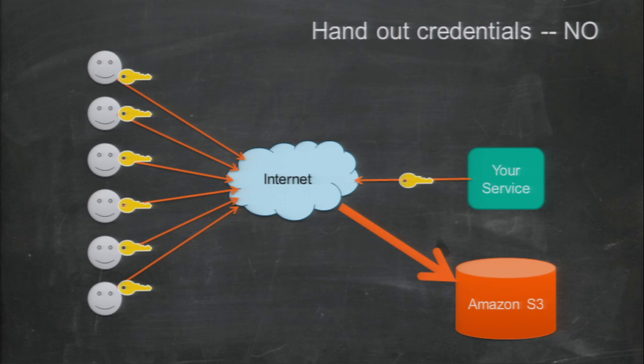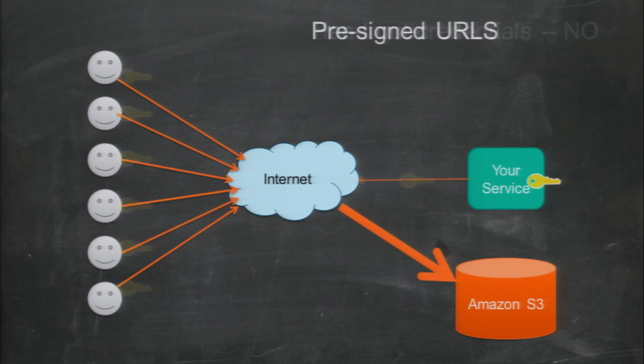So you could send them these keys, they could sign the request, and now they make the request into the internet, and the only fat pipe that we have to have is that fat pipe to S3, which we already have.